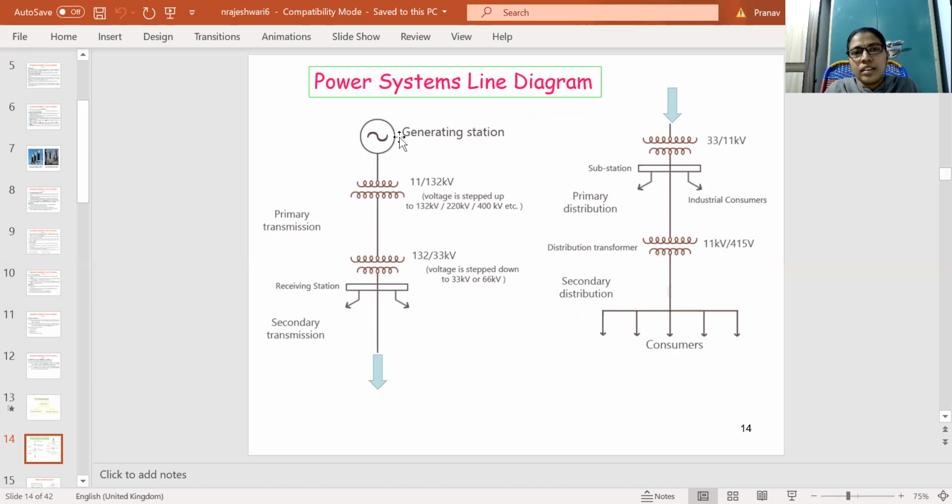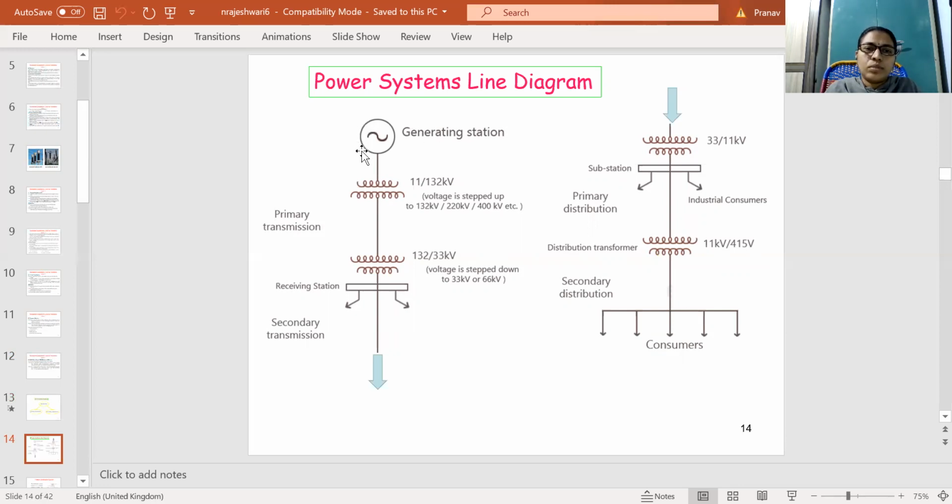At the generating station, electrical energy is generated at 3.3 kV, 6.6 kV, 11 kV, 33 kV and so on. These are the generating stations.